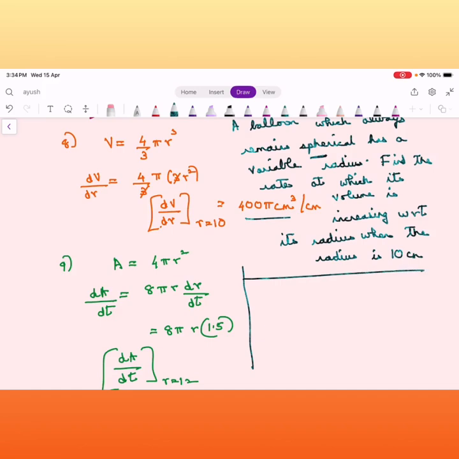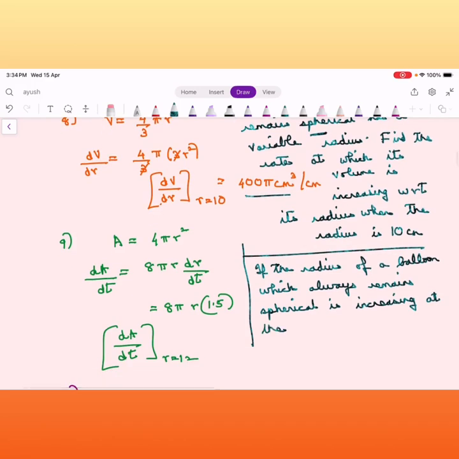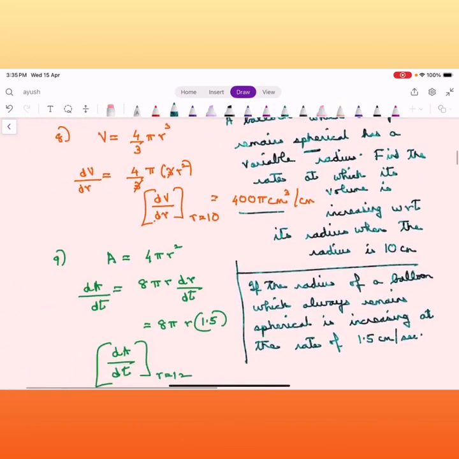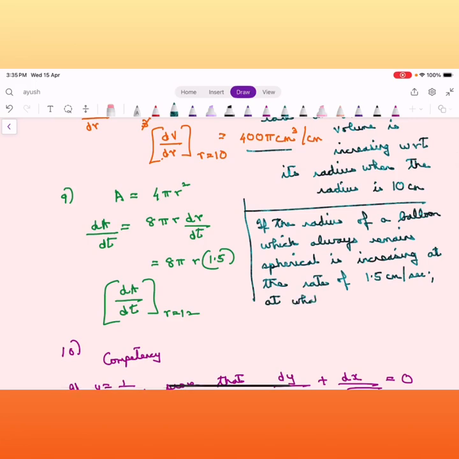Moving to the next question, if the radius of a balloon which always remains spherical is increasing at the rate of 1.5 centimeter per second, at what rate is its surface area increasing when the radius is 12 centimeters?